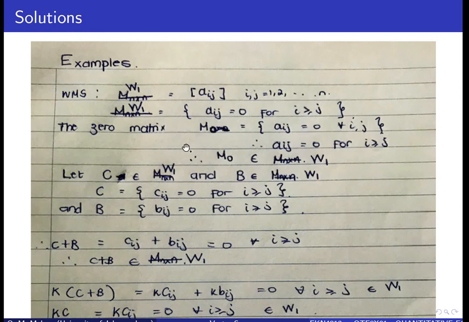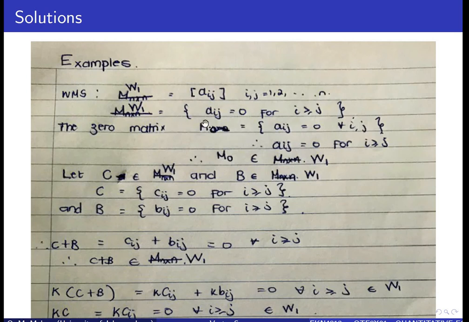Obviously, with regards to the 0 matrix, the 0 matrix will be 0 for all ij, right? I mean, the 0 matrix is 0 everywhere. We can conclude that Aij is equal to 0 for i greater or equal to j.